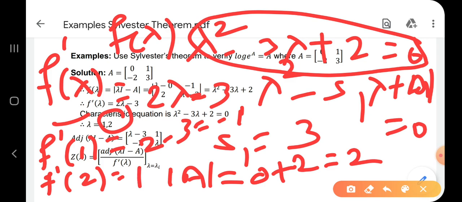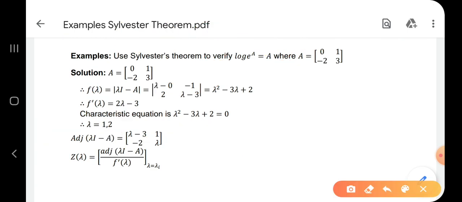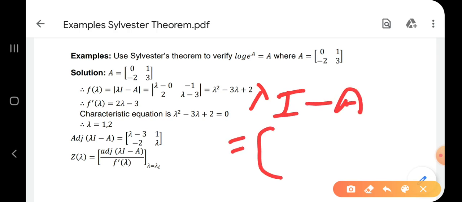So we get f dash of 1 and f dash of 2. Now consider lambda I minus a matrix. It is lambda minus 3, then 1. Sorry, what is the matrix?